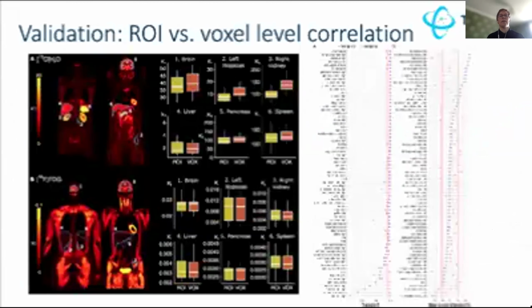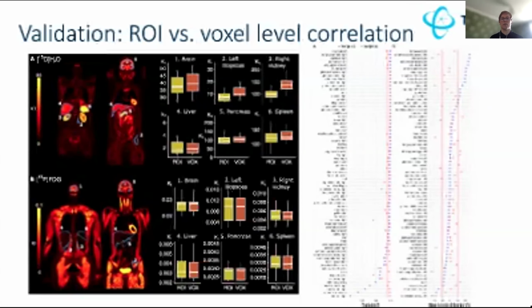And the regional parameter estimates also show strong correlation with the voxel level regional averages for both radioligands. But however, in the radio water high flow regions, the voxel level estimates are slightly biased because of the coupling of the arterial volume fraction and the K1 parameter that describes the rate of blood flow.